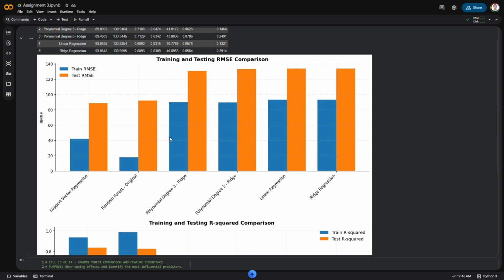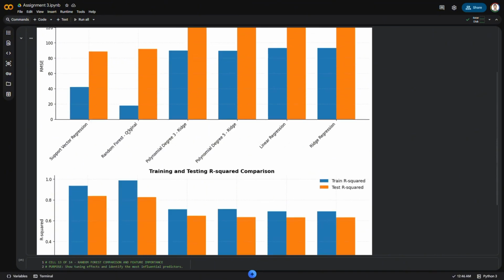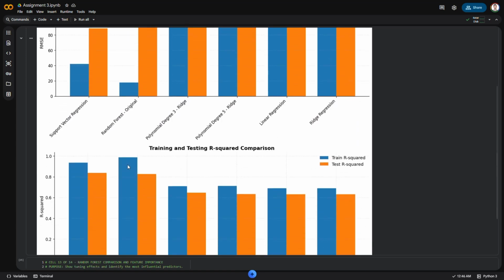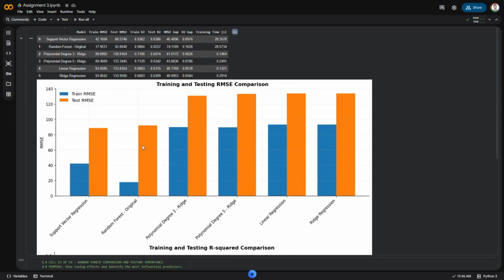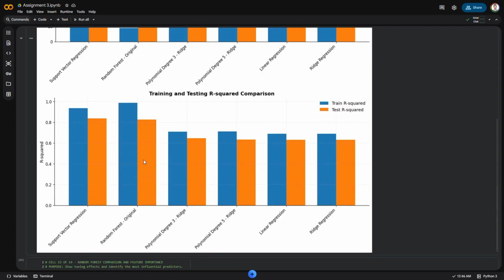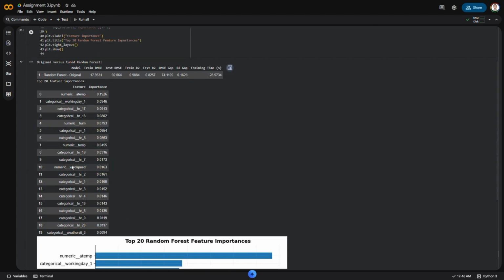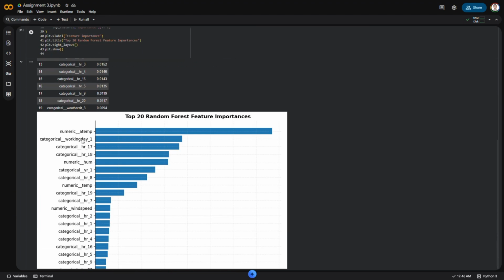Support vector regression performed even better, while random forest achieved the lowest testing root mean square error and the highest testing R squared. The feature importance plot also agrees with my data analysis by identifying hour, temperature, and seasonal variables as the most influential predictors.